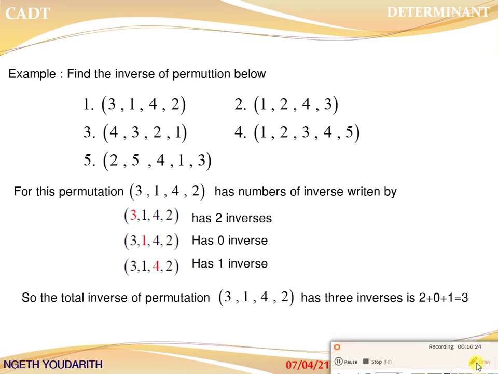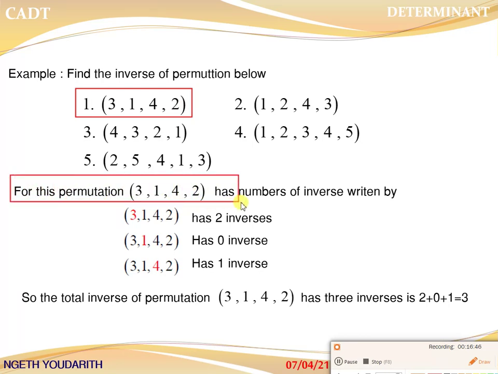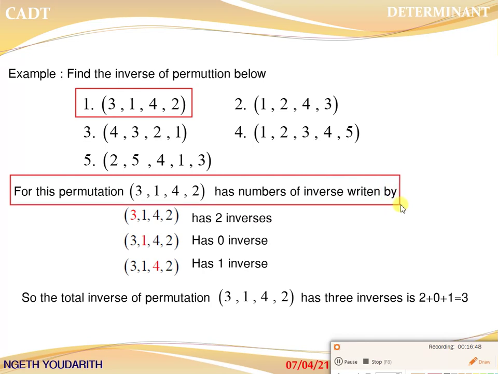In here, for example, we have the permutation 3, 1, 4, and 2. We explain this kind: 3, 1, 4, and 2 has a number of inversions written by.